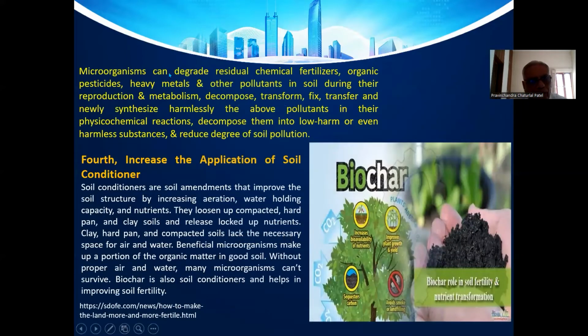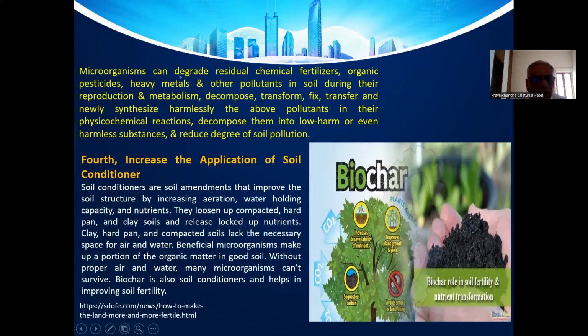Microorganisms can degrade residual chemical fertilizer, organic pesticides, heavy metals, and other pollutants in soil during their reproduction and metabolism. They decompose, transfer, fix, and newly synthesize the above pollutants through physicochemical reactions, decomposing them into low-harm or even harmless substances, and reduce the degree of soil pollution.